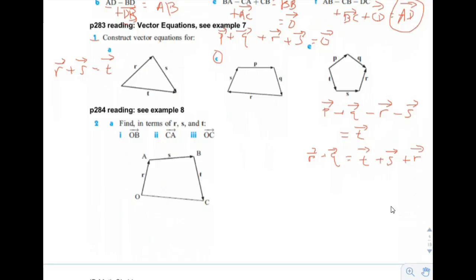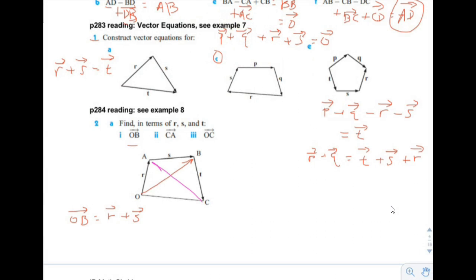2A, find in terms of R, S, and T. Let's see. What's OB? So OB is actually that one. So find OB in terms of R and S and T. Well, it looks like if you do R and S, then you're going to get OB. So we're going to say R plus S. What about CA?